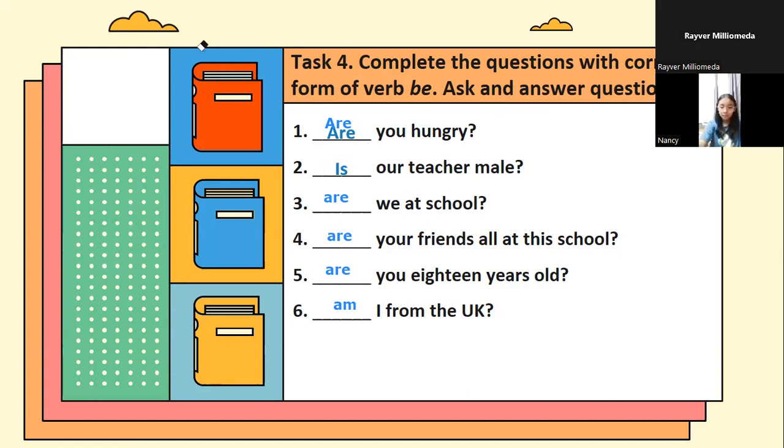So the answer for number 2 is is, because they ask about one particular teacher. When we say teachers, then we can say, are our teachers male? Okay, did you understand? Yes. Okay. Number 3, are. Number 4, are. Number 5, are. And number 6, am. So 5/6 overall.